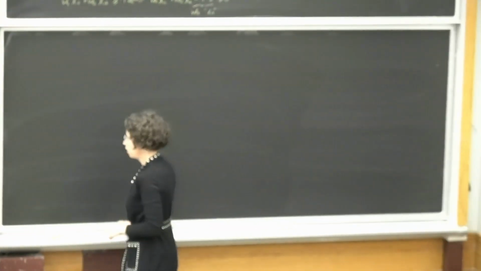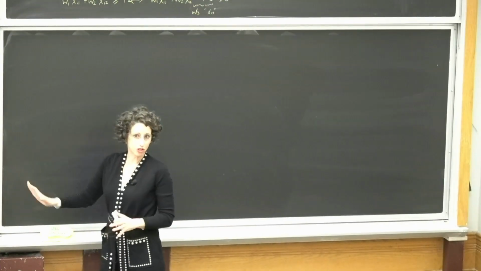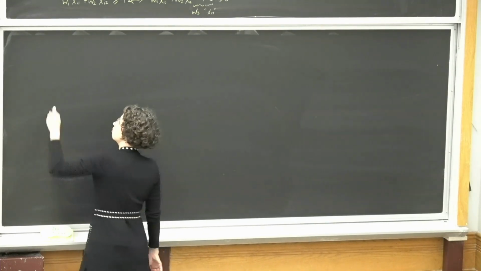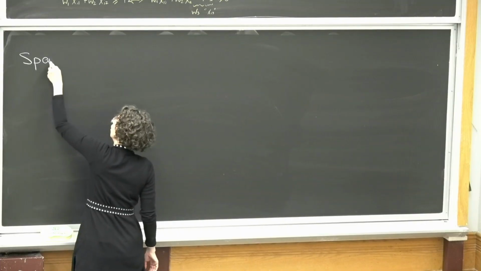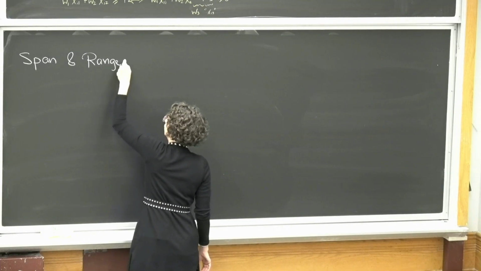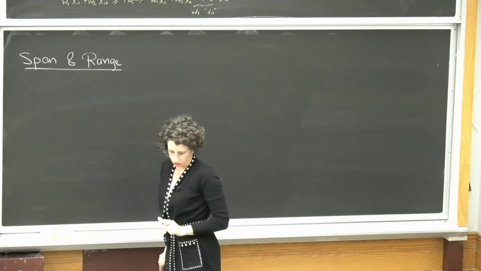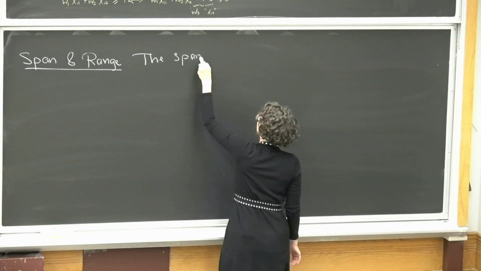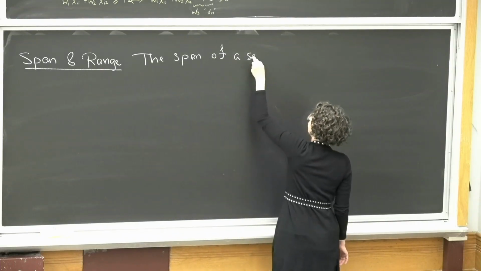Okay, in order to start answering these questions, we're going to have to introduce a few additional concepts. First, we're going to talk about the span and range, and in particular, the span of a set of vectors.